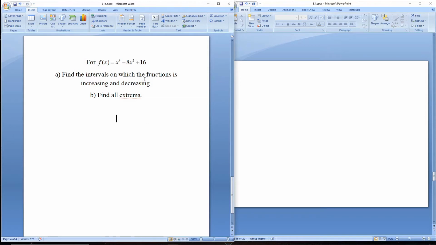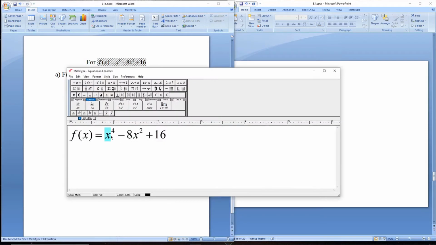And let's just make a quick prediction about that. X to the fourth. Remember, for end behavior, the dominant term dictates end behavior. So a minus number to the fourth will be positive. So as this goes to minus infinity, this function will go to positive infinity. So positive infinity means there's no global max.